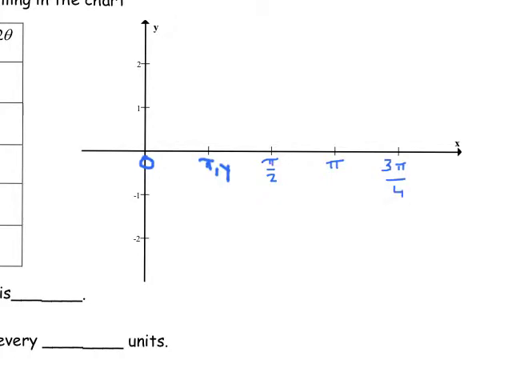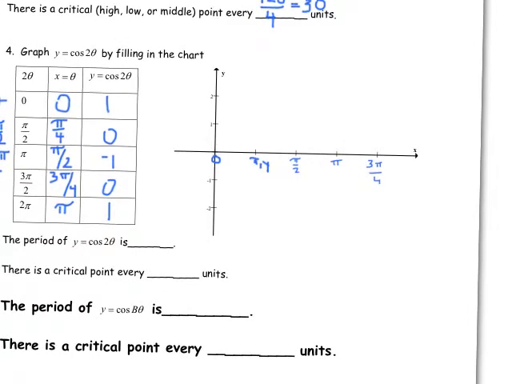Did I skip one? I should have my starting place, 1, 2, 3, 4. Oh yeah, I'm sorry, right here. This isn't pi over 2 and then pi. That's where I messed up. I thought I could do it without looking. I can't. So it goes pi over 4, then pi over 2, then 3 pi over 4, then pi.